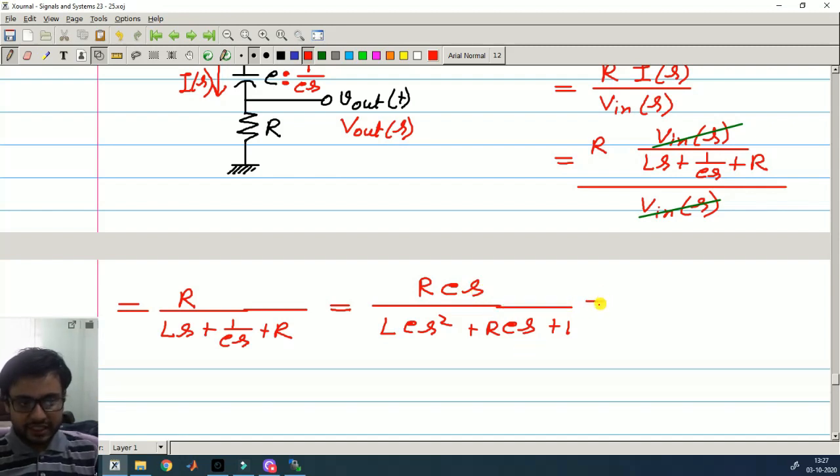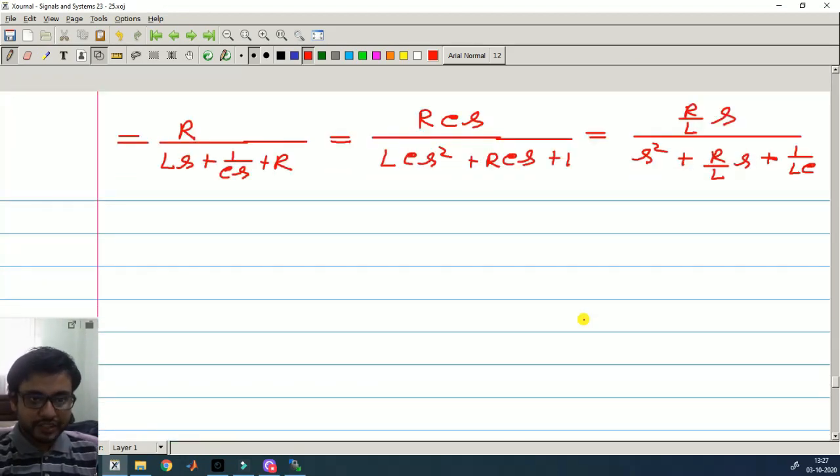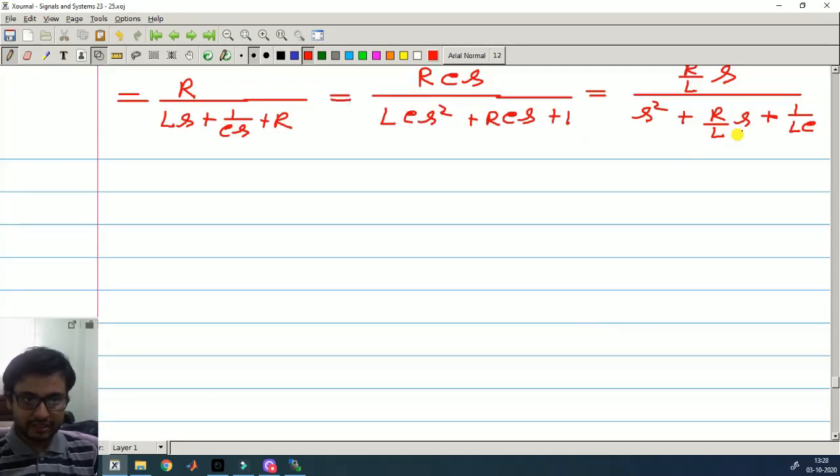This is equal to, with s squared plus RCs by LCs, that is R by L s, plus 1 by LC in the denominator, and the numerator will be R by L s. Okay, so this is the transfer function.